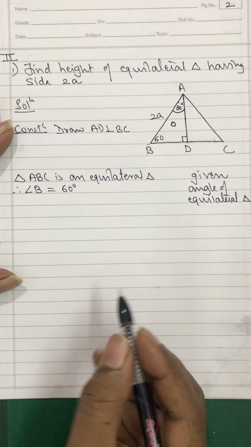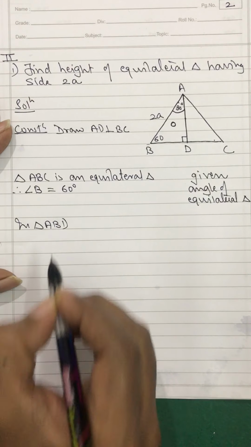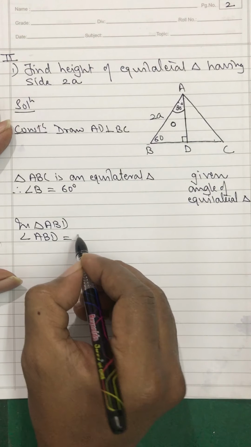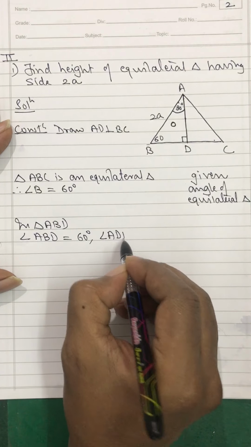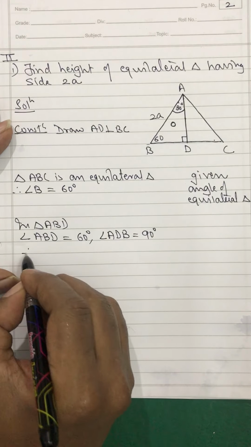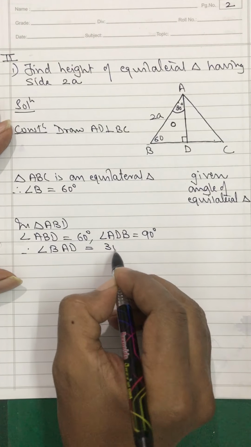So that is done. Now you tell me, in triangle ABD, angle ABD is equal to 60 degree, angle ADB is equal to 90 degree, therefore angle BAD is equal to 30 degree.